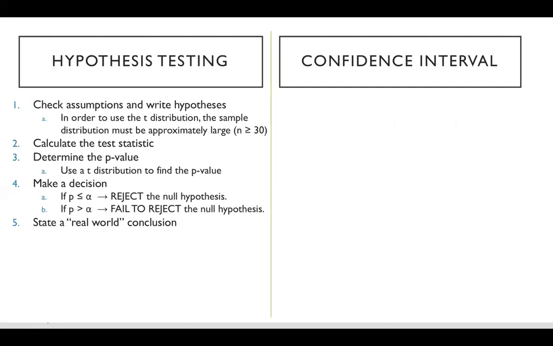Then we can determine the p-value. Here we're going to use the t-distribution. Make sure you plug in your degrees of freedom, which is n-1, in order to find your p-value. Then we can decide whether to reject or fail to reject the null hypothesis based on our p-value. If it's less than or equal to alpha, we'll reject. If it's greater than alpha, then we'll fail to reject. And then state our real-world conclusion.